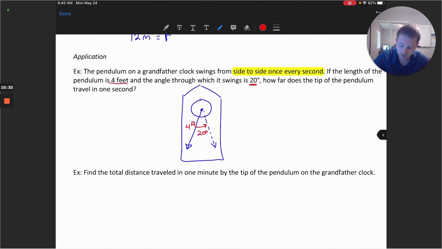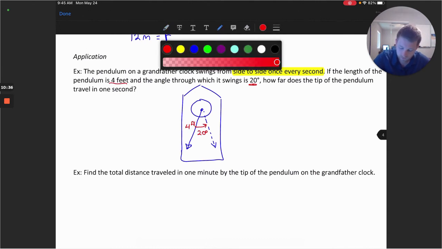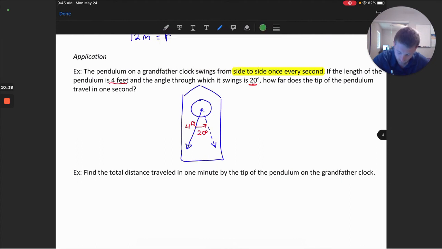How far does the pendulum really travel from side to side? And so what I'm looking for here is really an arc length problem called S. And we know that arc length is going to be trapping an angle of 20 degrees where my pendulum is 4 feet, which is really playing the role of our radius here. This is looking like a sector of a circle here.